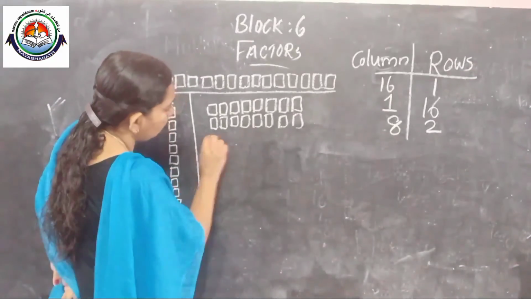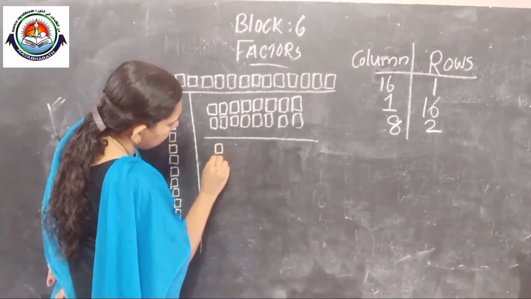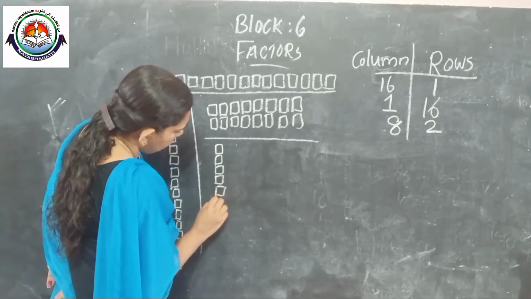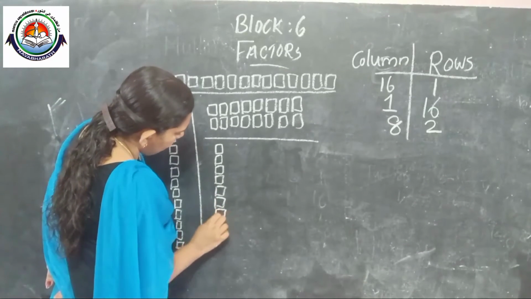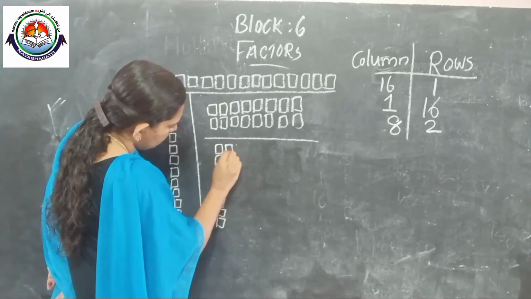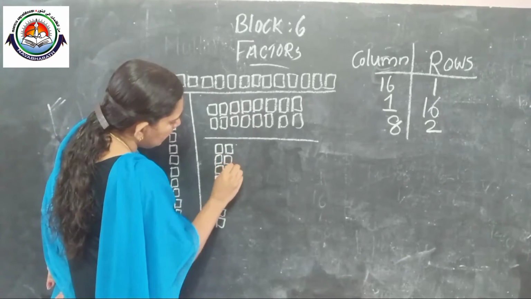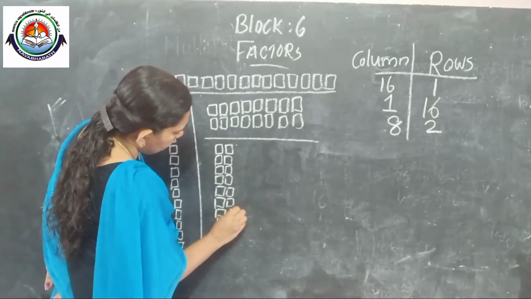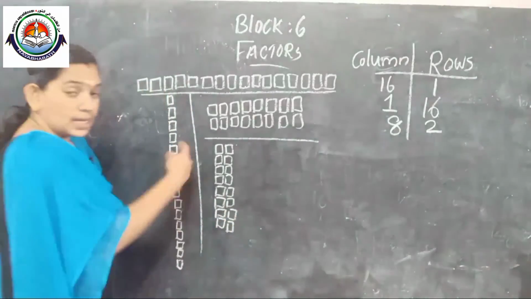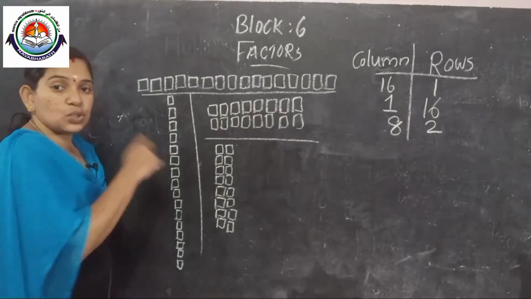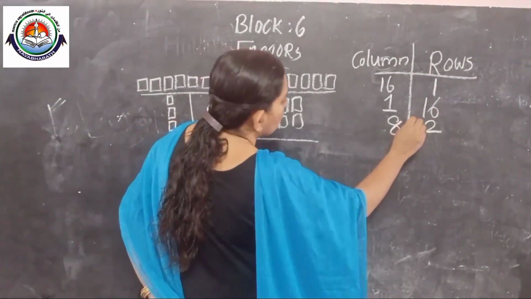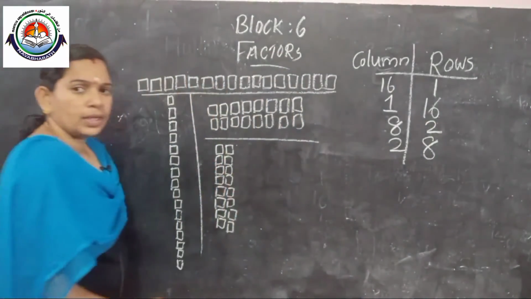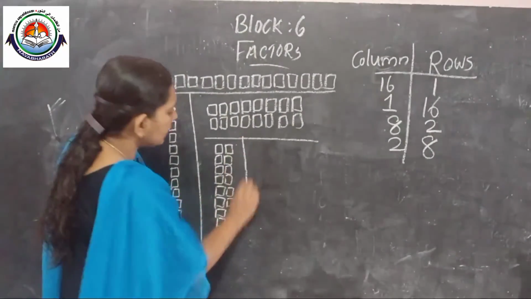Yes, this way. 1 to 8 and then 9 to 16. I arranged the 16 paper strips this way. So here how many columns? 2 columns and 8 rows. Any other way? Yes, one more method is there.